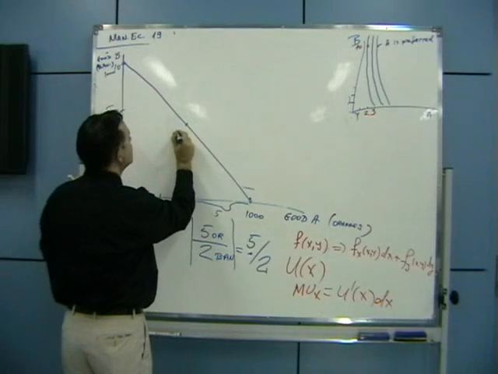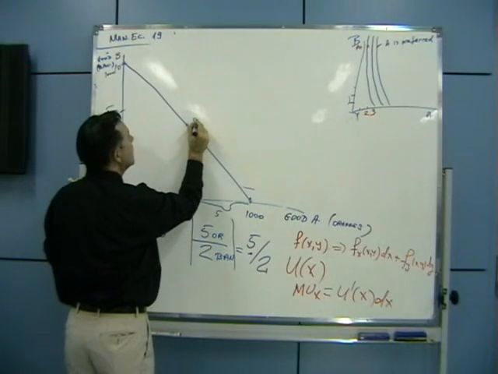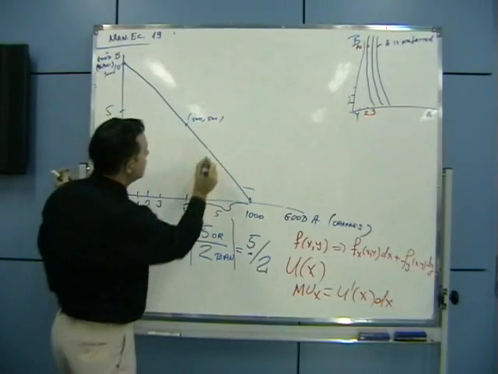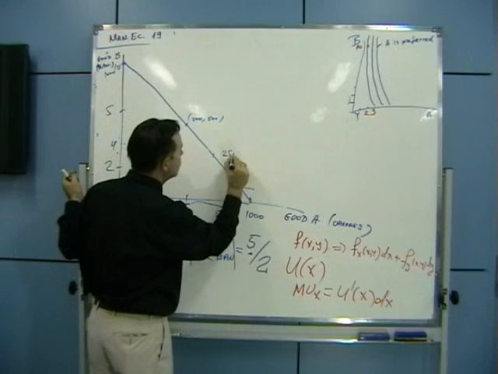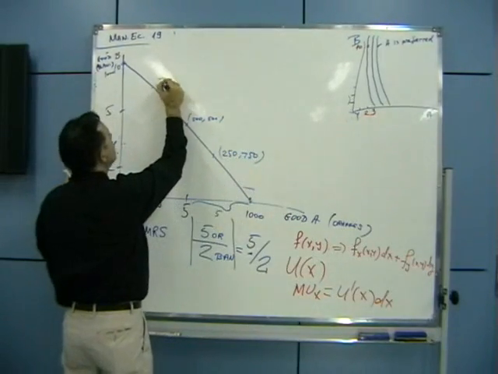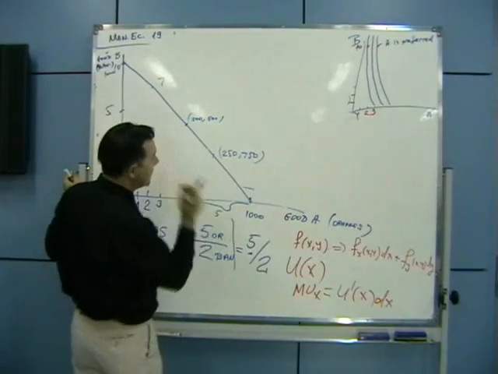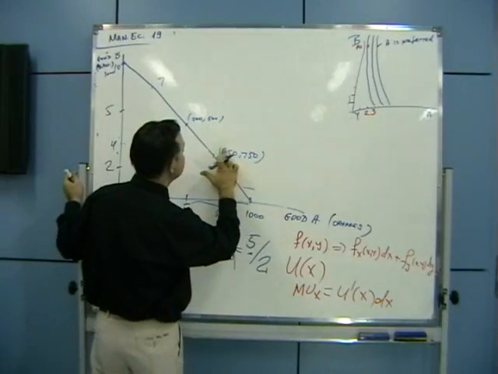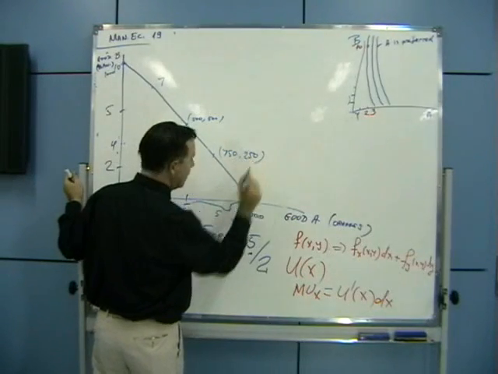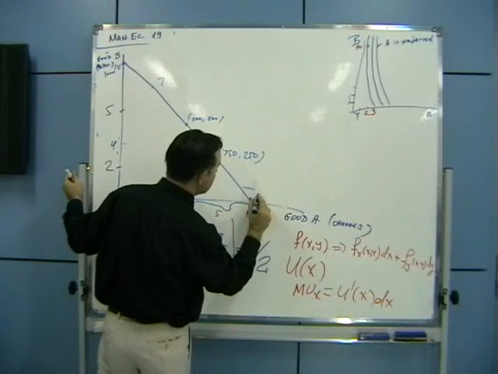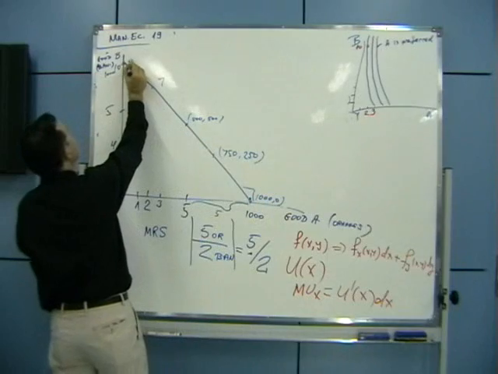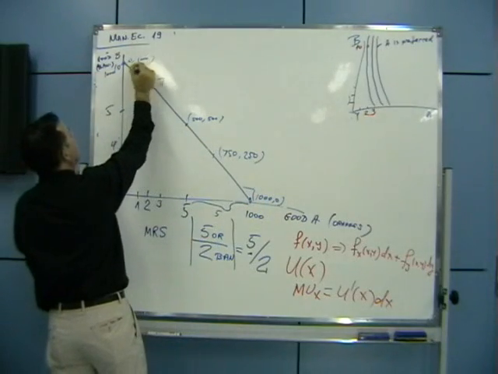You can split it, this bundle will be 500, 500. This bundle will be 250, 750. Let's see, I just want to make sure that I have them right. So actually it's going to be 750, 250, because this bundle is 1,000 and 0, and this bundle is 0, 1,000.